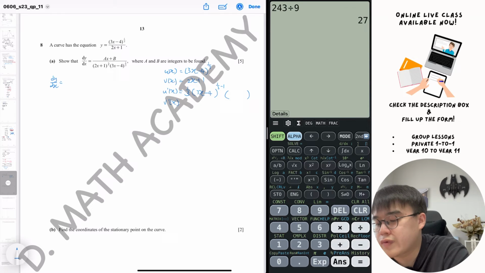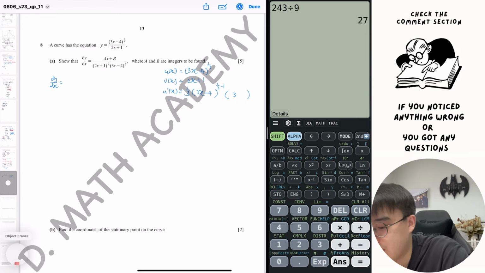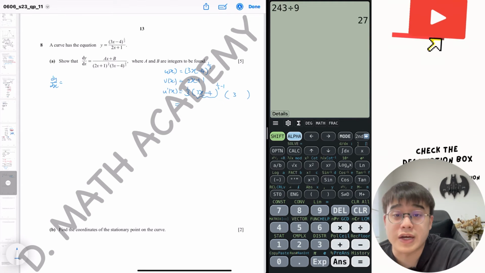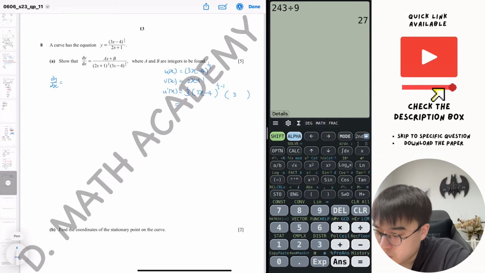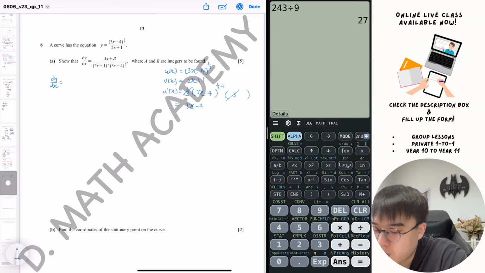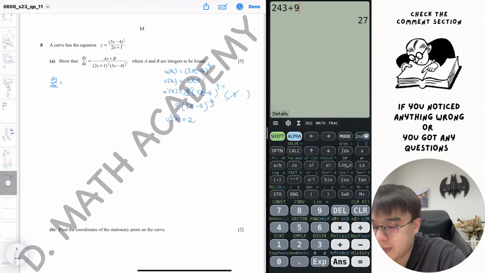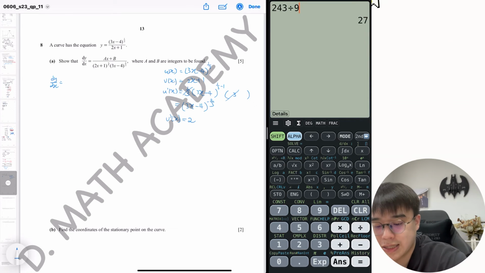One thing that students always forget is the need of differentiating the values inside. You will get a 3. Inside means the brackets over here. So 3 and 3 would have cancelled this, and all I have left is 3x minus 4 to the power of negative 2 over 3. Your v prime, however, will be a basic 2, and that's it.